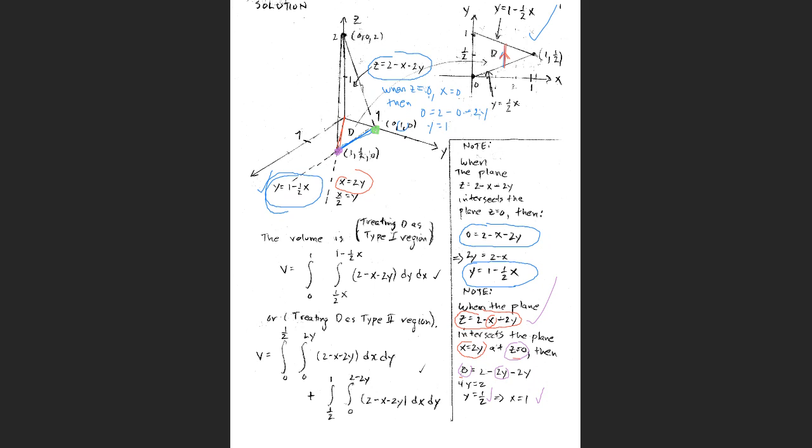So as a type 1 region, based on the region D up there, we have our lower limit, which is y equals a half x, and our upper limit, which is y equals 1 minus a half x.